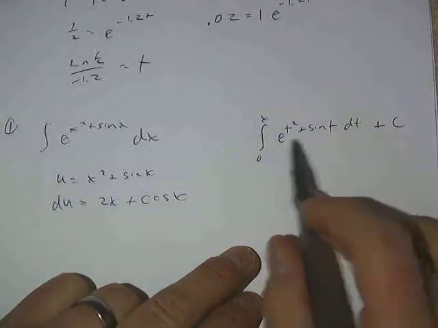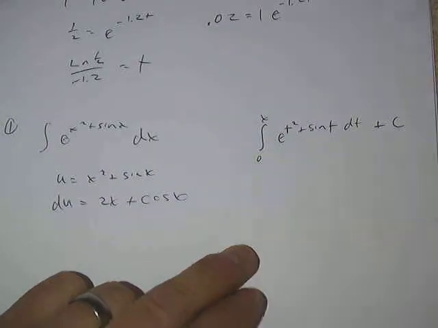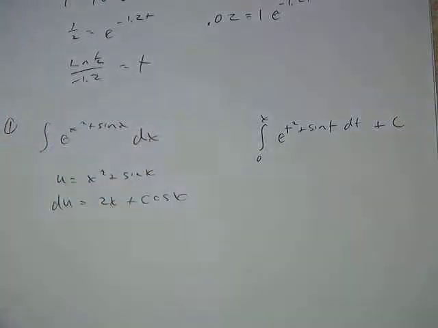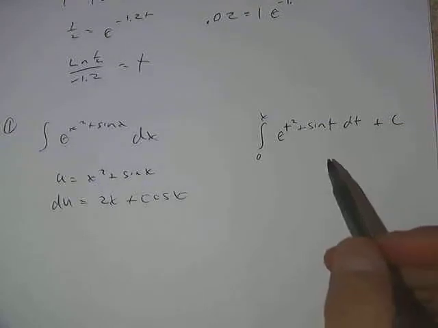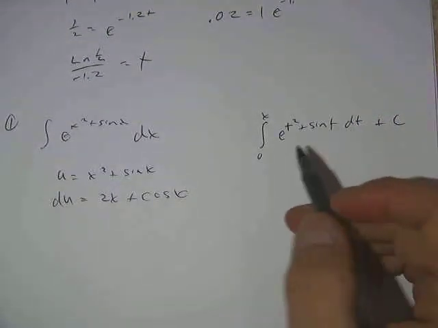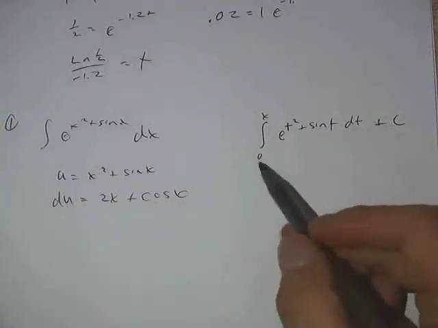Remember again, if we're trying to anti-differentiate some equation and we can't find an antiderivative for it, then we can always just rewrite it as a definite integral, and we usually use a dummy variable here. So e to the t squared plus sine t, from 0 to x dt.